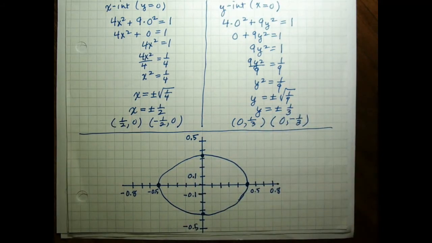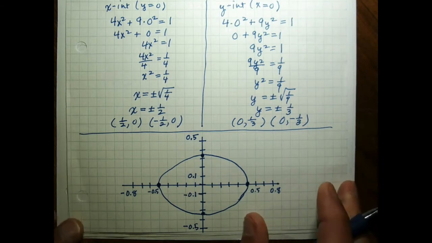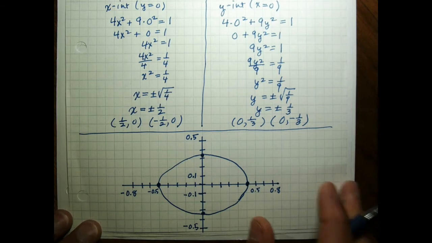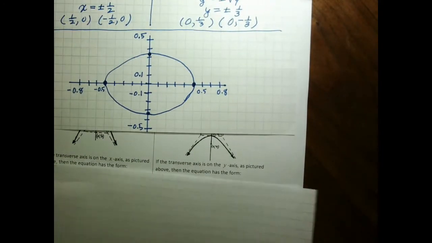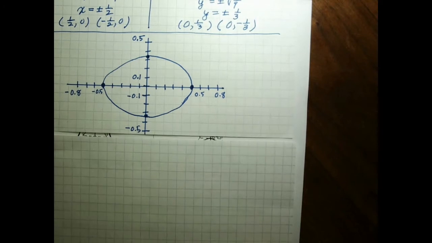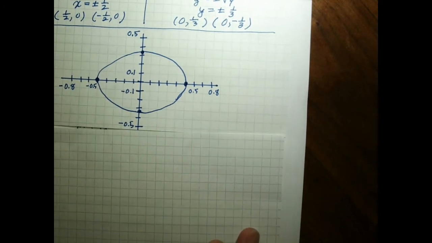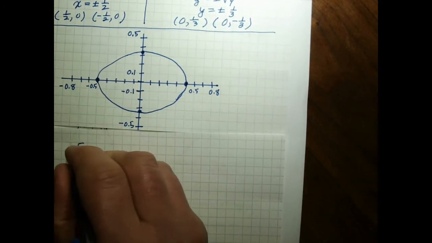All right, now what we still want to find here, though, is our foci, and I think I need some more paper, so I'm going to put my picture up there and add some more room down below.